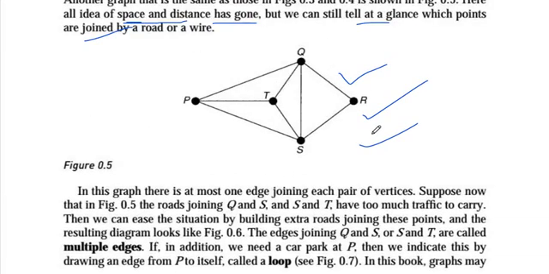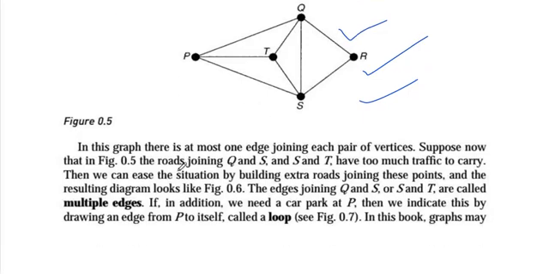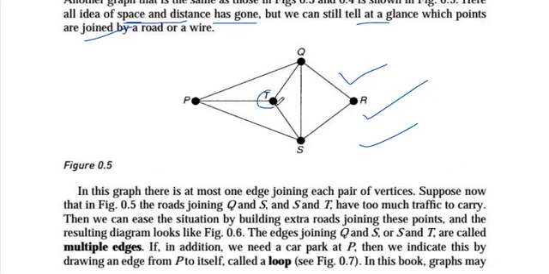Now let's move on to the next definition. Here we can say that the roads joining Q, S, and S and T have too much traffic to carry.